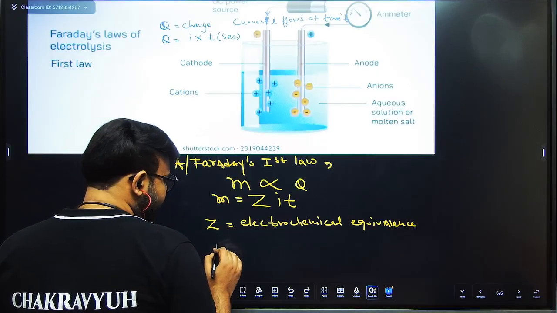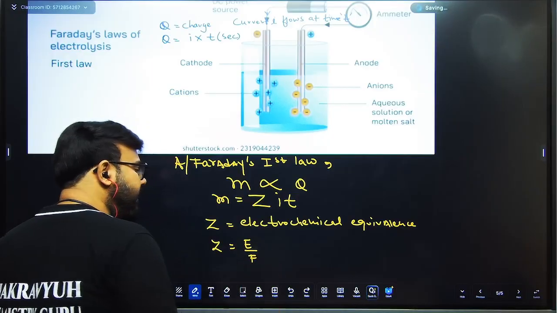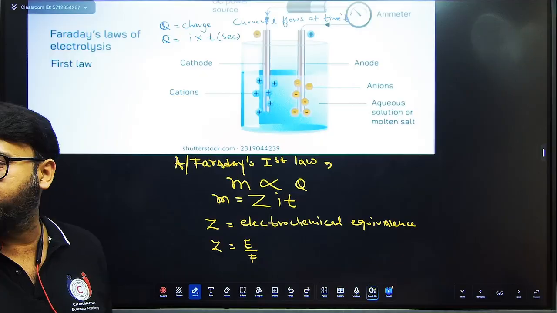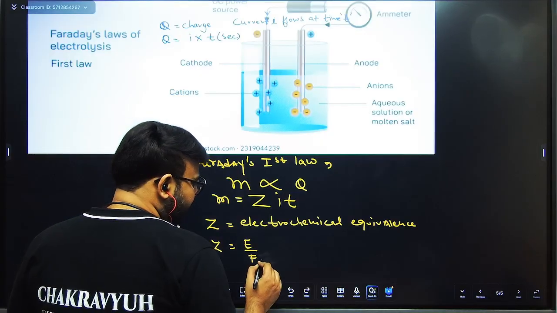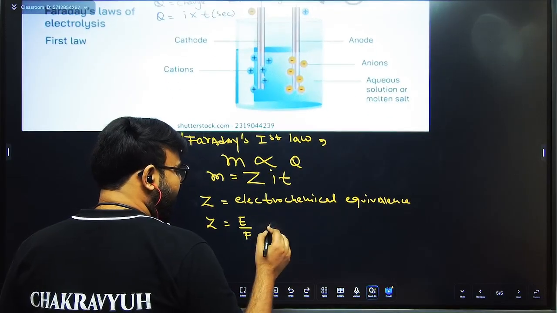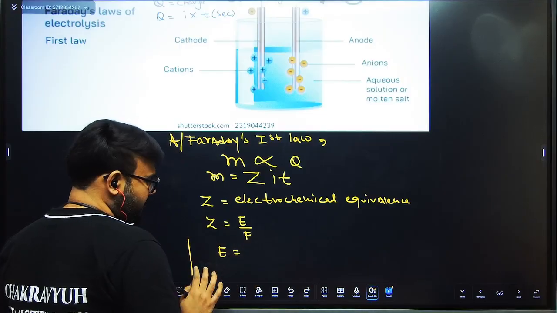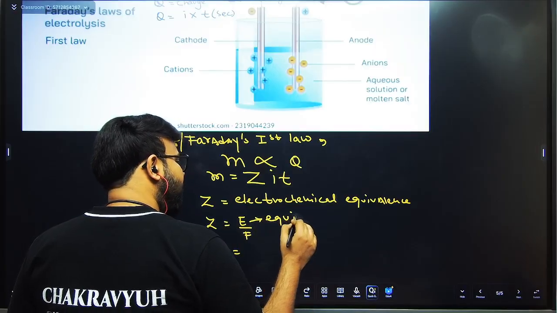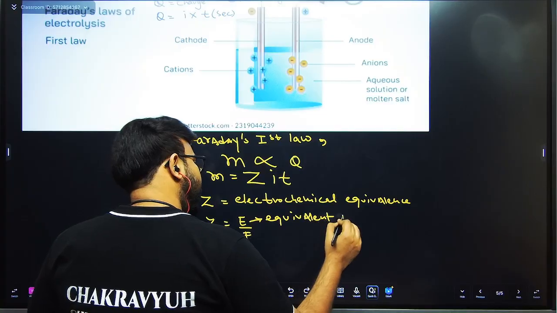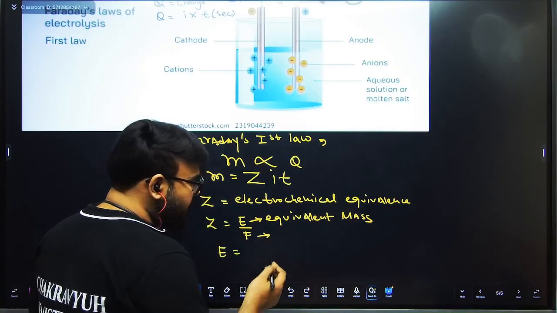Now understand, Z also has a formula. Z is E by F, where E is the equivalent mass and F is 1 mole of charge. How much is 1 mole of charge?